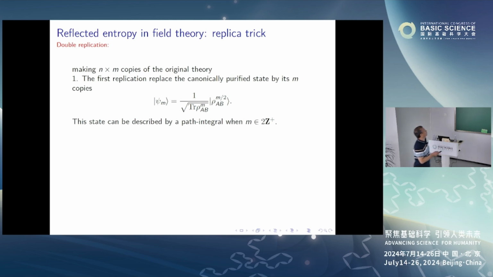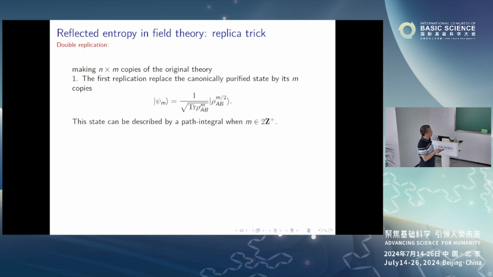In field theory, just like computing the entanglement entropy, one can apply the so-called replica trick. But for this entropy, one has to do a so-called double replication. That means we make not n copies of the original theory, but n times m copies. The first step of the replication is to replace the canonical purified state by its m copies.